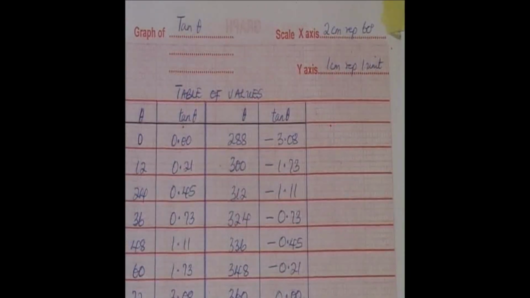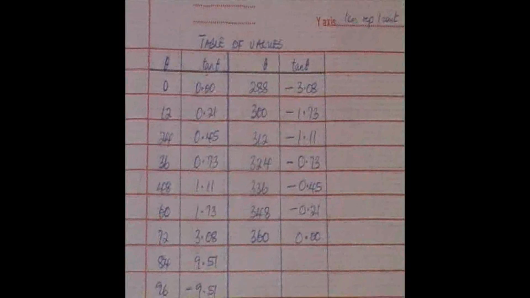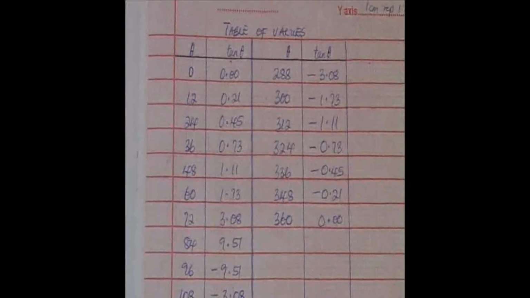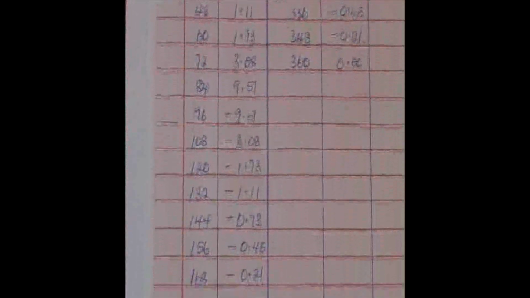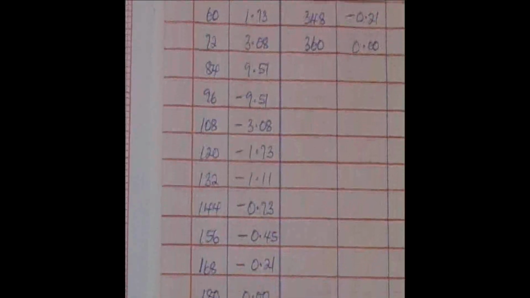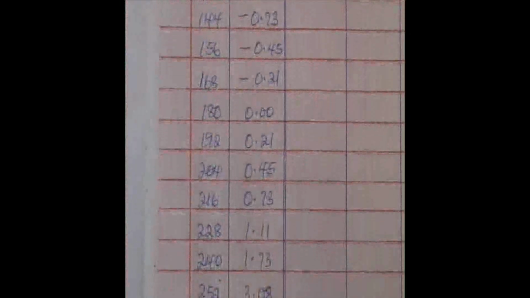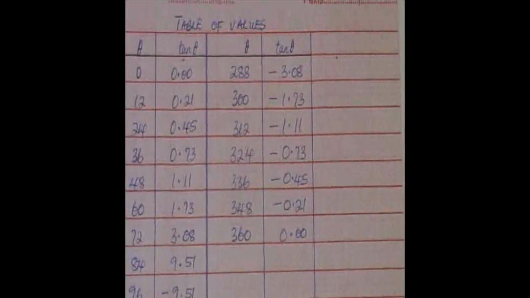Now this is our graph paper. This is the table of values, the one we copied from our whiteboard. You can see the values of theta and the corresponding values of tan theta from 0 till 360 degrees.